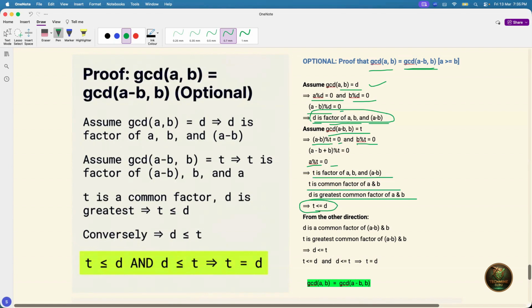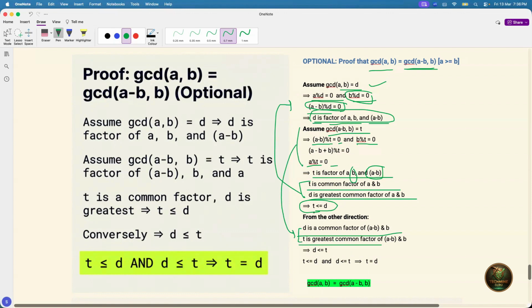But if we think in the other direction as well, D is a common factor of A minus B as well, and D is a common factor of B as well. And from the second expression, we have understood that T is the greatest common factor of A minus B and B both. So these two are linked with each other.